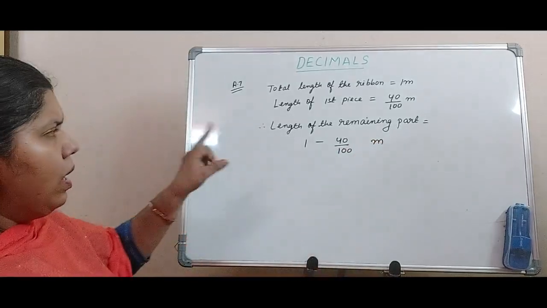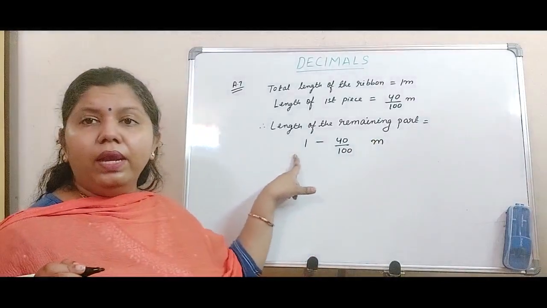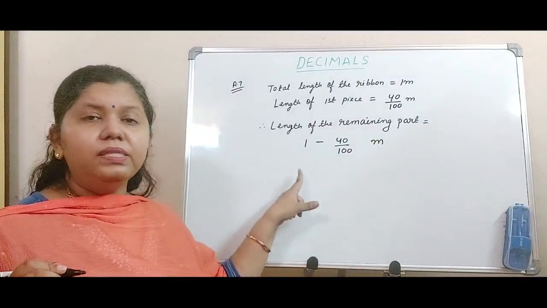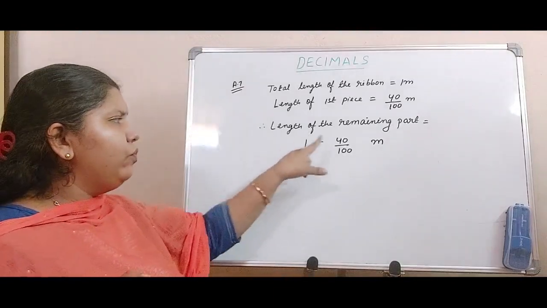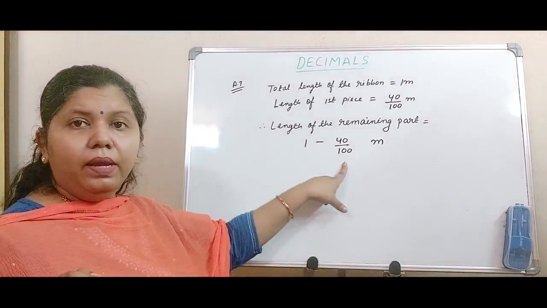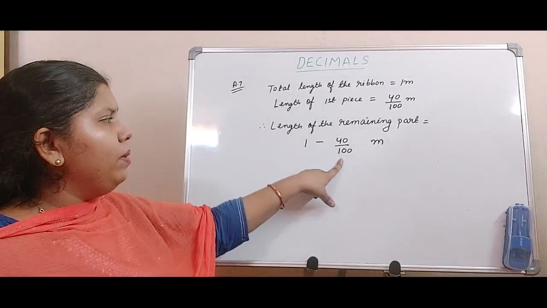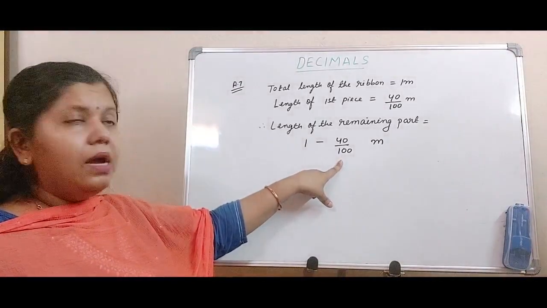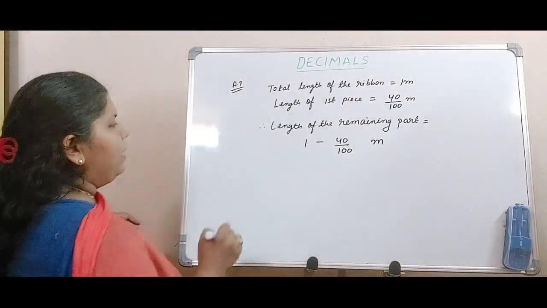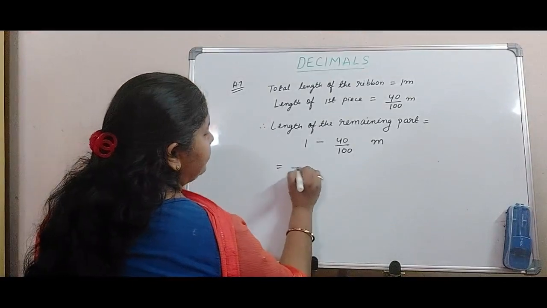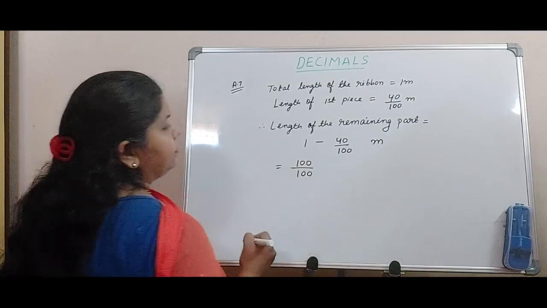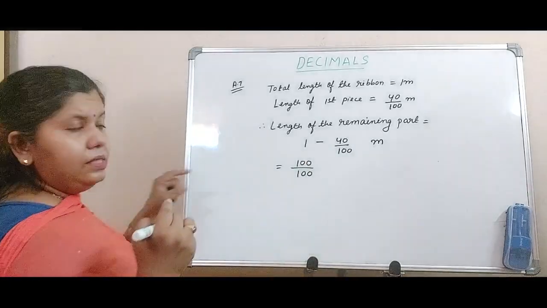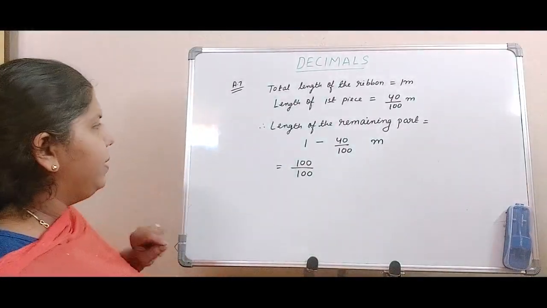Now how are we going to express 1? You have to make it equivalent with this fraction, 40 by 100. What is the denominator of this fraction? It is 100. So we can make 1 as 100 by 100.